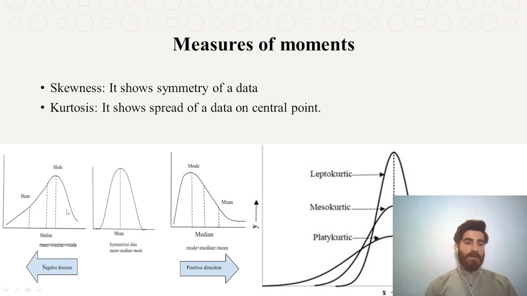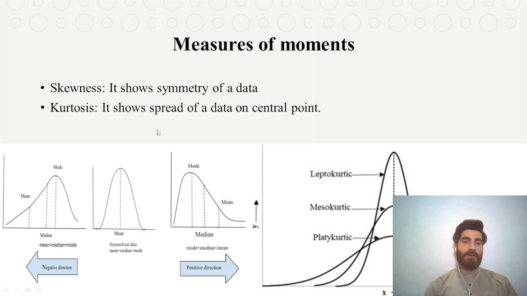Now at the left side, this is negative skewness. In negative skewness, the tail will be longer to the left side, and the mode will be higher than the median, and the median will be higher than the mean. In positive skewness, the tail will be longer to the right side, the mean will be greater than the median, and the median will be greater than the mode.